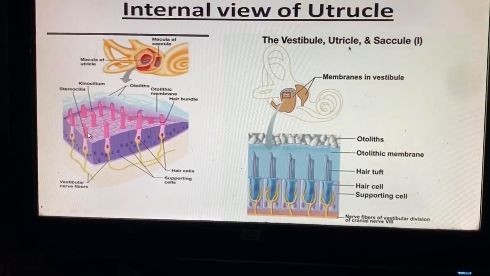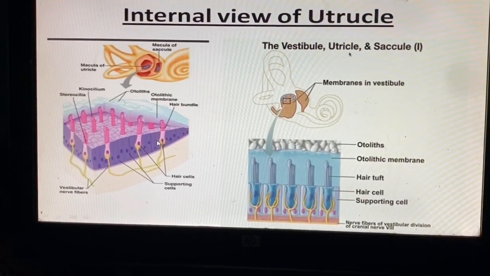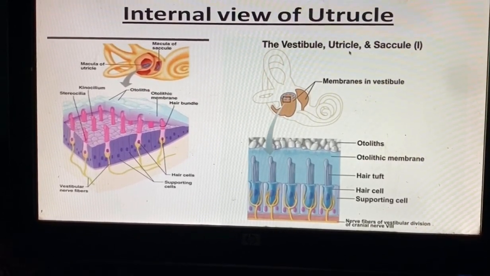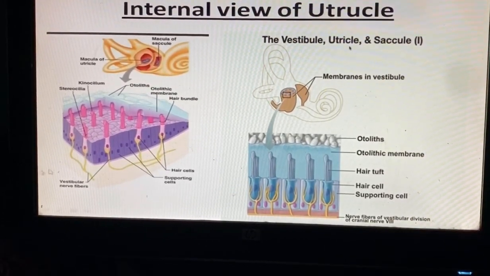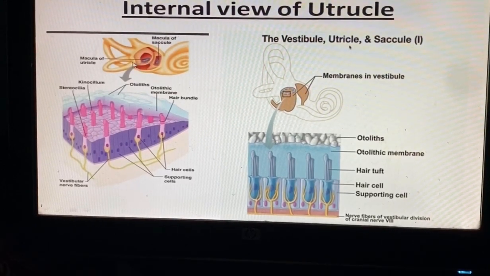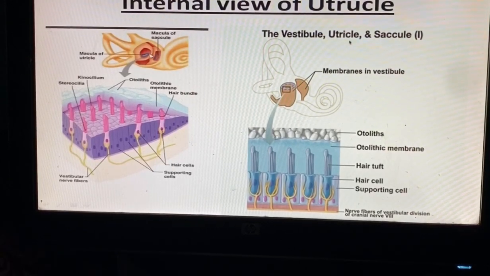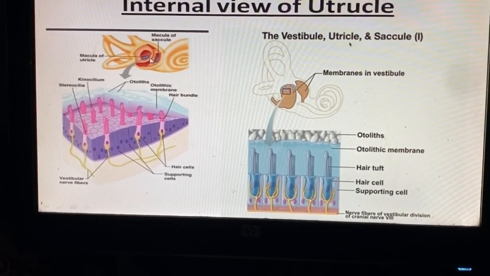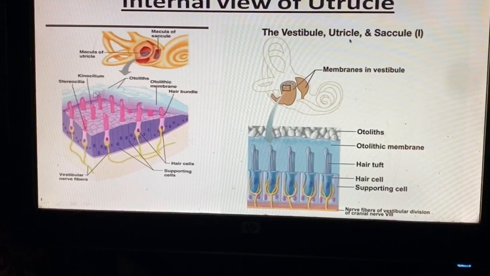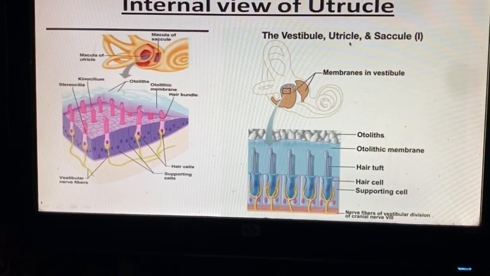So you can easily understand the position by seeing the 3D structure, okay, and at the base of the utriculus you see the macula, which consists of this kind of structures called otoconia.